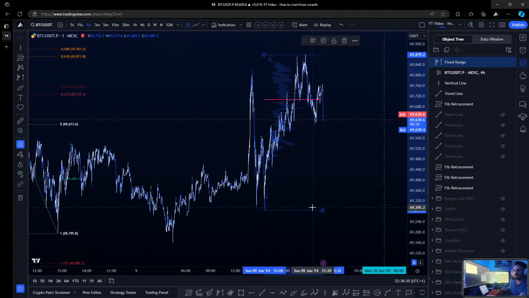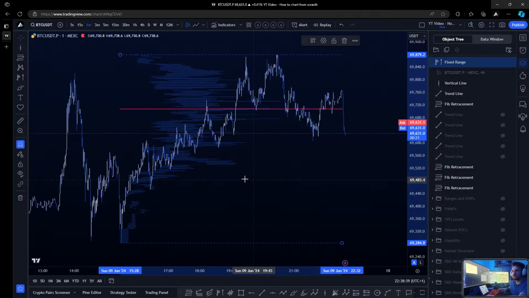But if it stops dumping, a higher chance of stopping the dump is either this higher volume node or taking out this low over here, and then creating a reaction. I'm saying this low just because it's the last one of these series of ascending lows. That's the only reason I'm pointing out to that low.